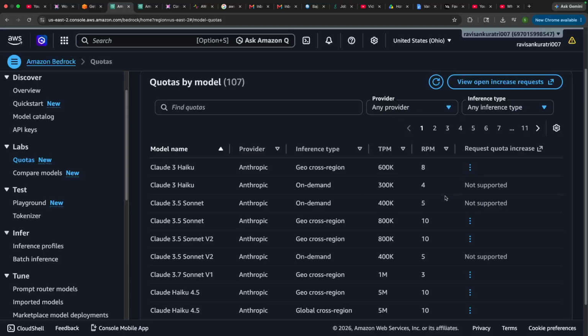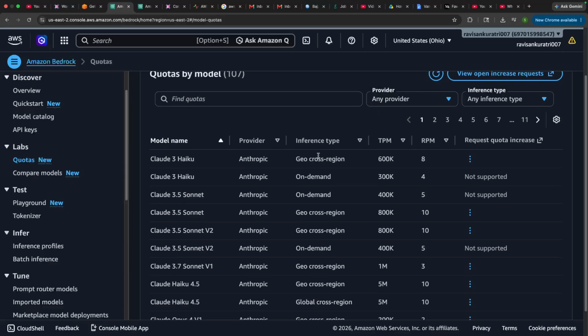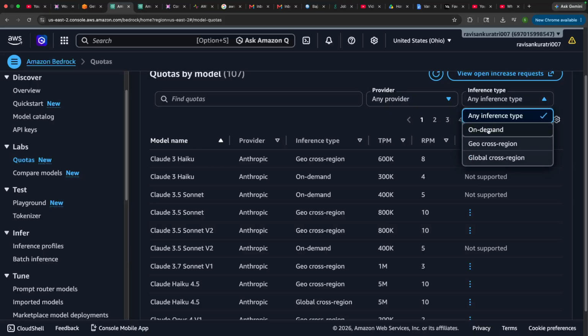And there is one thing we should always know about, which is inference types. There are three types: on demand, geo cross region, and global cross region. So what exactly is global cross region? When you make a request to the model Claude 3 Haiku, it can be passed to a data center in any part of the world.